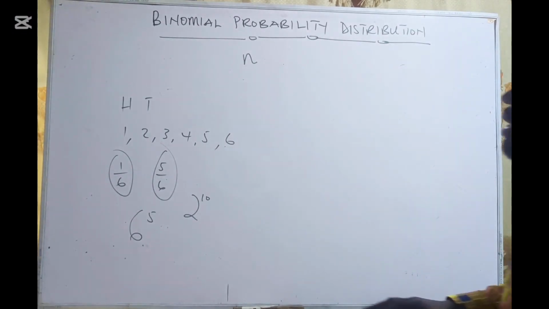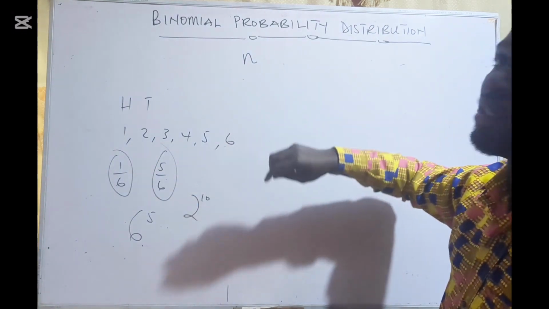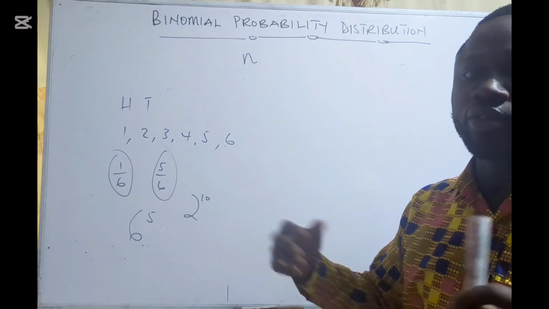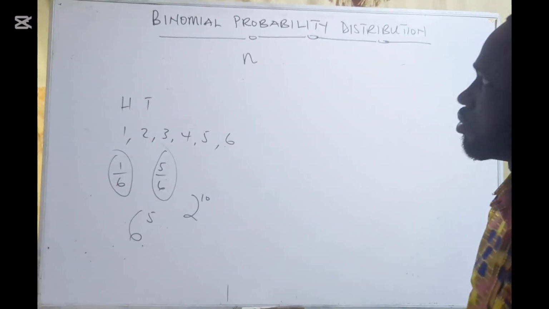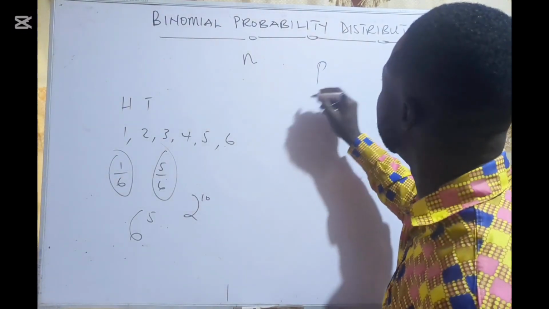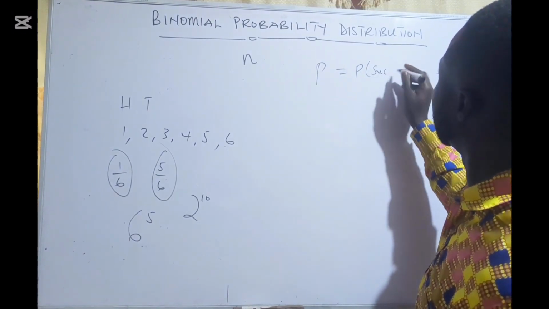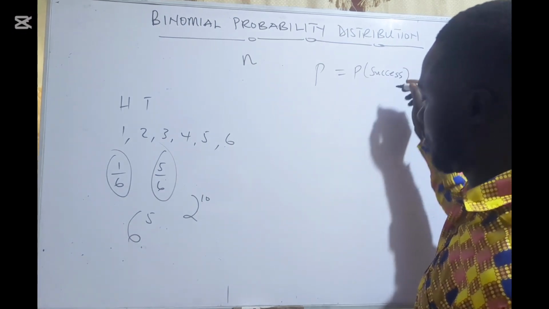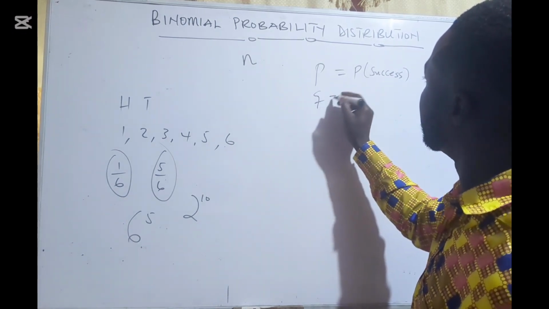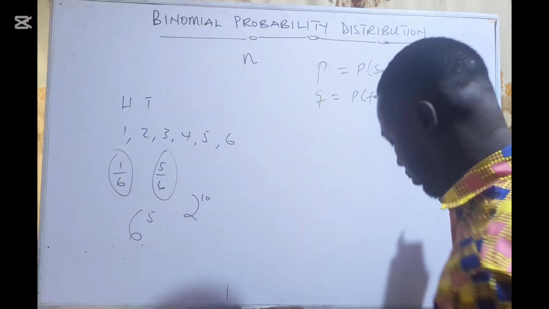All right. So let's see how we apply the binomial probability distribution. I said that you have a number of trials n, and in each trial you may have probability of success or failure. Let's say my probability of success is P, and my Q is my probability of failure.